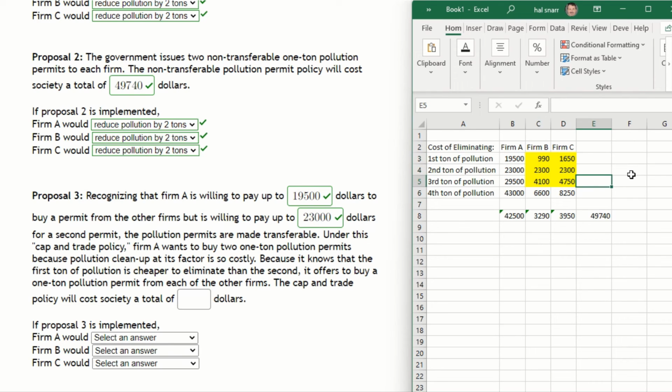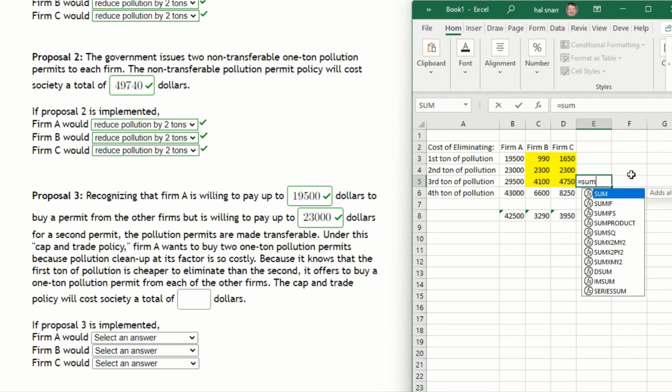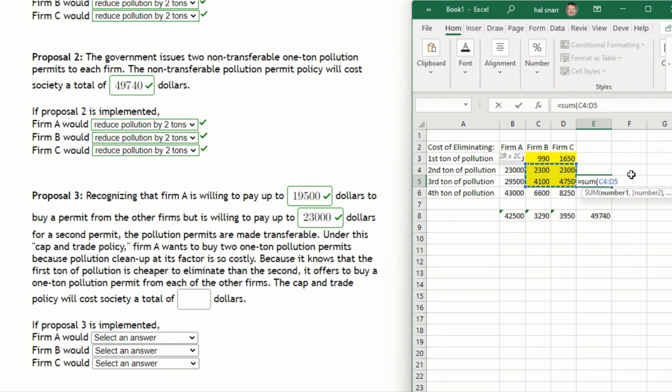To calculate the cost of society, we have to sum up these 6 values here. What these 6 values represent is firm B reduced pollution by spending $990 to eliminate that first ton of pollution. Then it spent $2,300 to reduce that second ton of pollution, and then it spent $4,100 to reduce that third ton of pollution.